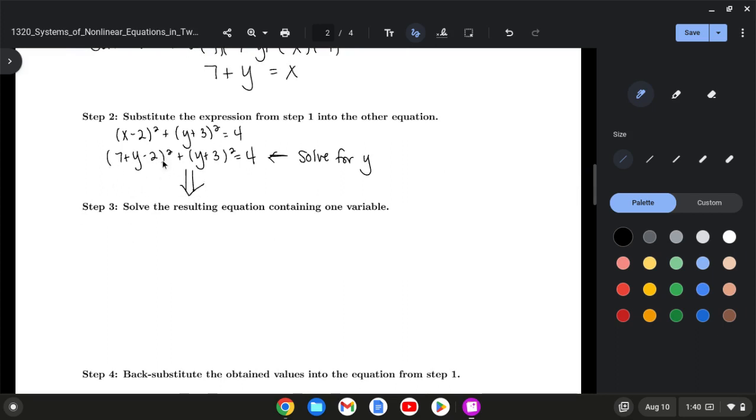Remember, we need to work with parentheses first. In this first set of parentheses, we have some like terms that we can combine, which is 7 and negative 2. When we combine those, we get a positive 5. So in our parentheses, we have y plus 5, that's squared, and then the rest of our equation.